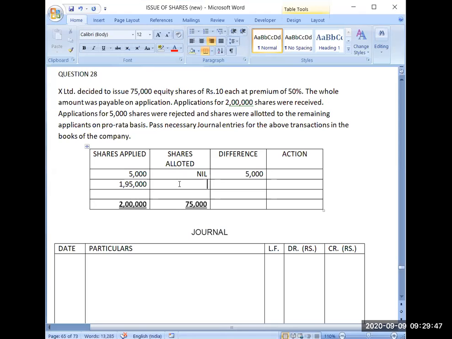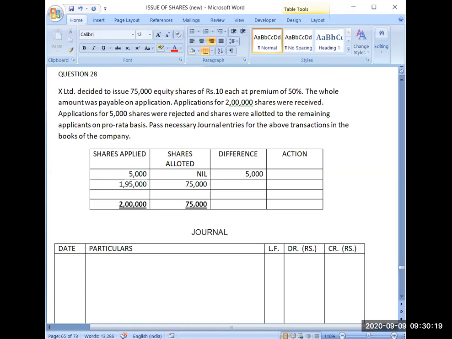Yes. Now, how many shares have we allotted to these applications for 1,95,000 shares? Yes, very good. The simple calculation: 2 lakh minus 5,000 is 1,95,000, and 75,000 minus 0 is 75,000.